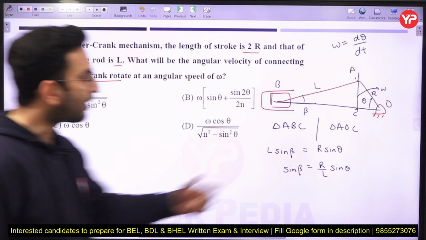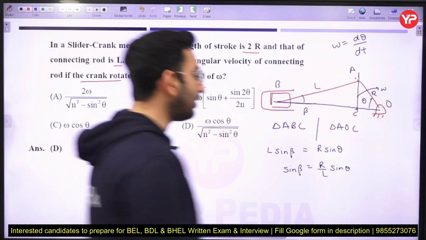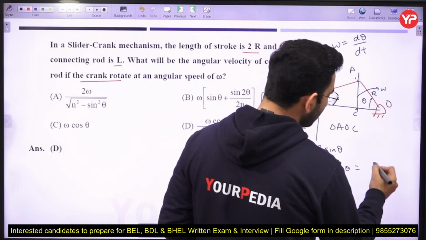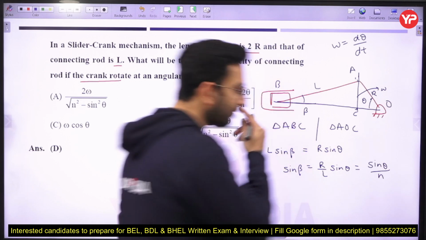The ratio of the connecting rod length with respect to the crank radius is the obliquity ratio, n.